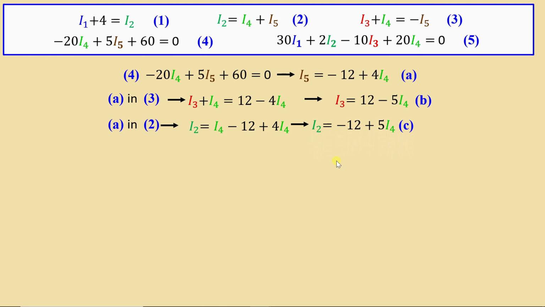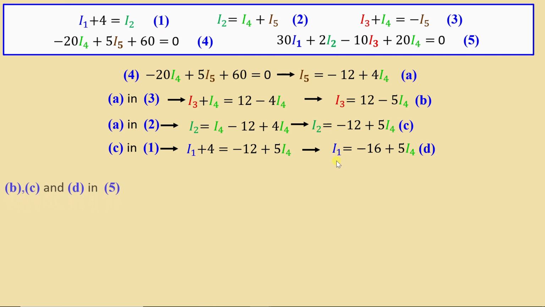I2 is equal to negative 12 plus 5 I4, and we will call this equation C. Now by replacing C in 1, we obtain I1 plus 4 is equal to negative 12 plus 5 I4. Finally, we obtain I1 in terms of I4. I1 is equal to negative 16 plus 5 I4, and we will call this equation D.